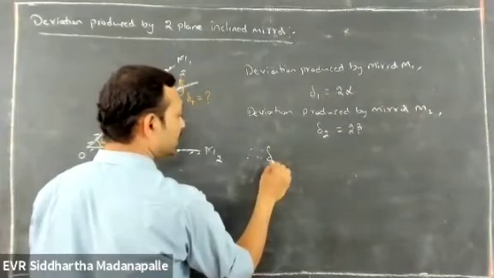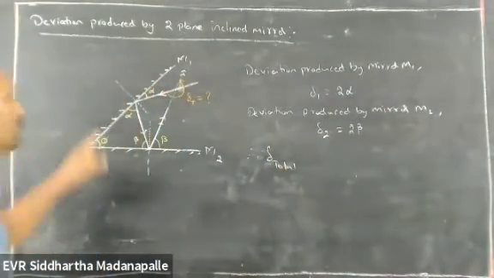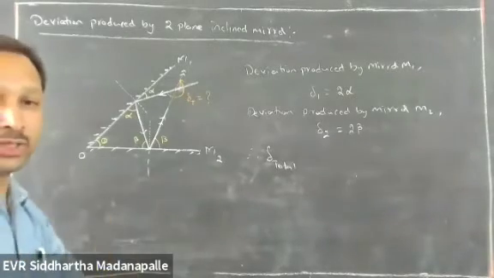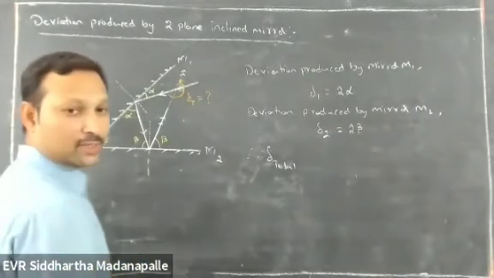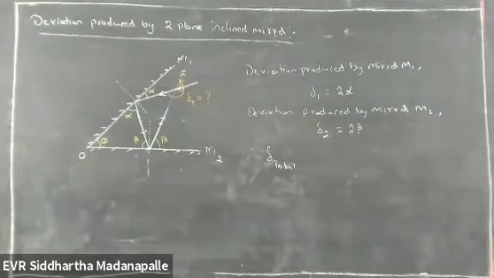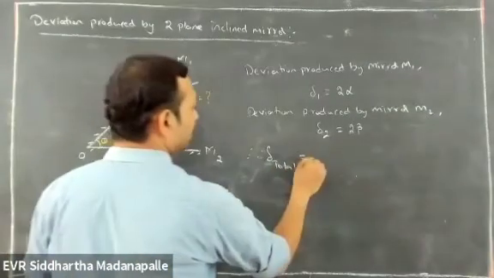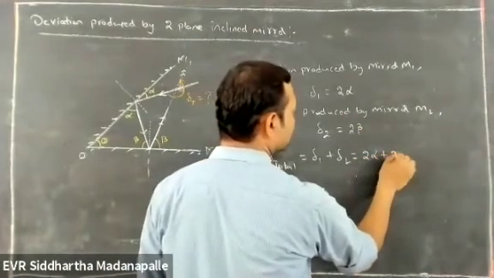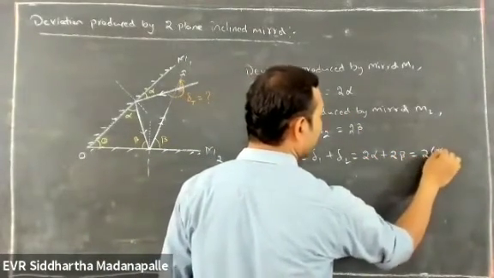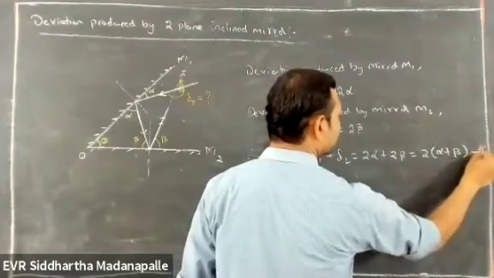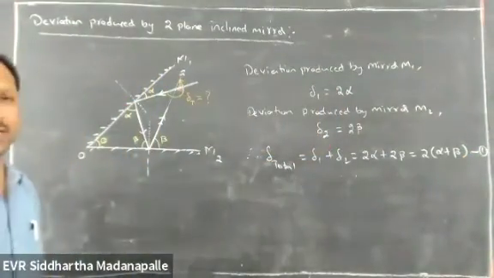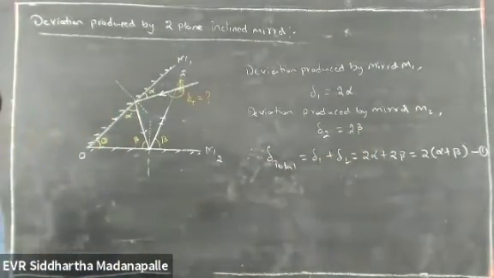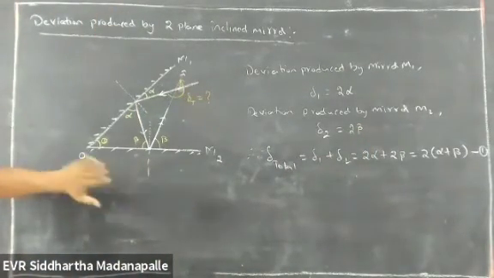The total deviation produced by two plane mirrors after two reflections, remember, after two reflections, is equal to delta 1 plus delta 2, which is 2 alpha plus 2 beta, equal to 2 times (alpha plus beta). Let us consider this as equation 1. This is the total deviation formula in terms of alpha and beta, where alpha and beta are the glancing angles on the mirror M1 and on the mirror M2.